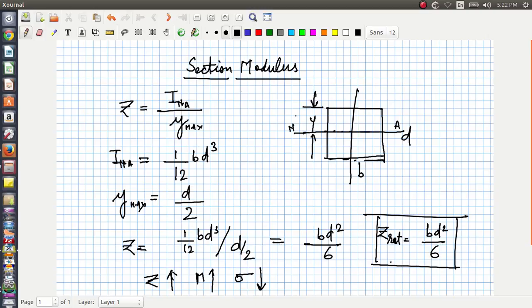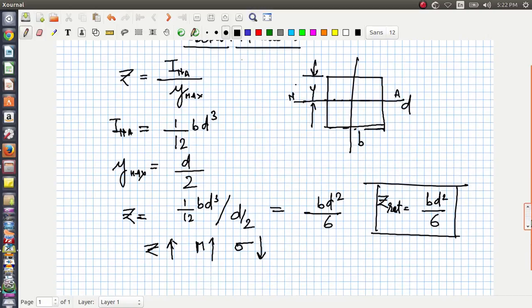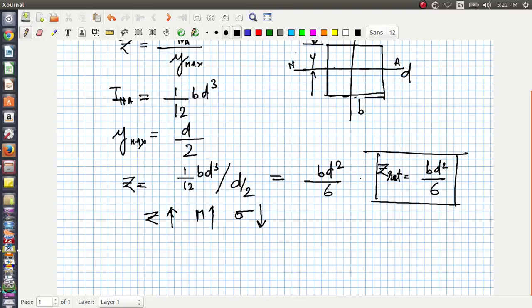Like, I'll just further extend this example itself. Orientation wise, we have to keep the Z, this quantity, high. So if b is greater than d, the width is greater than the depth, we have two possibilities to keep the beam.